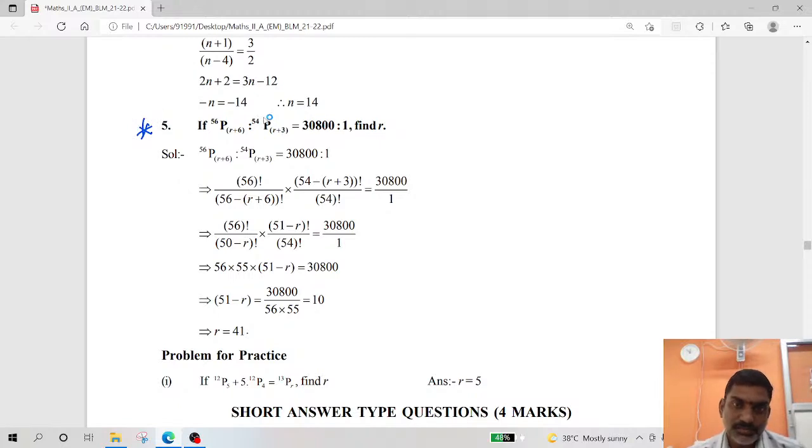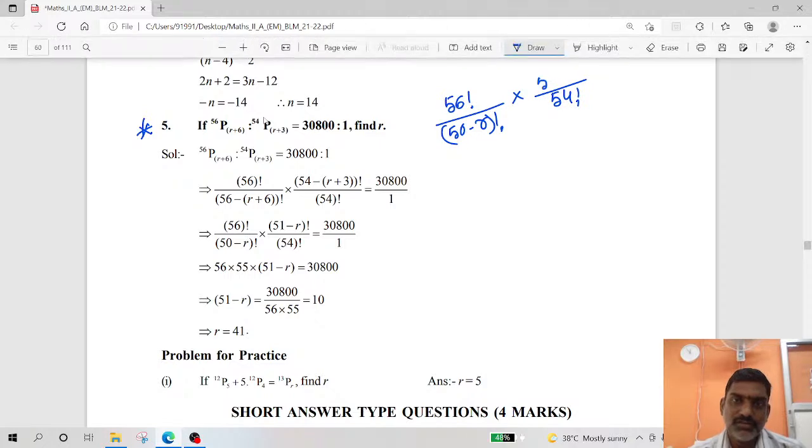56P(r plus 6). That means 56 factorial divided by 56 minus r minus 6, that means 50 minus r factorial. Next, into the numerator in the down, 54P(r minus 3), 54 factorial over 54 minus r minus 3, that is 51 minus r factorial, which is equal to 30800 divided by 1.